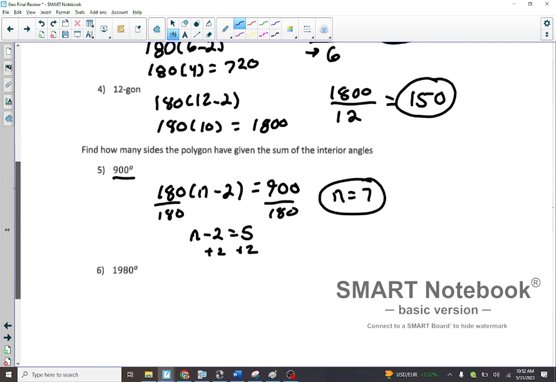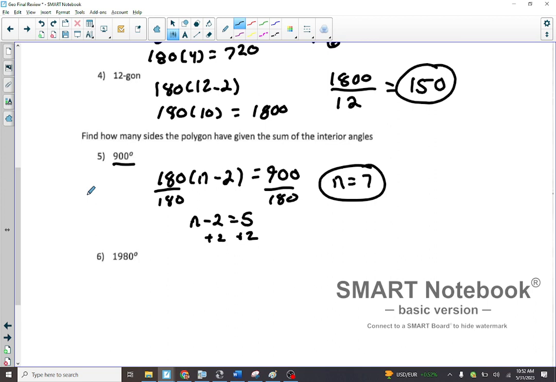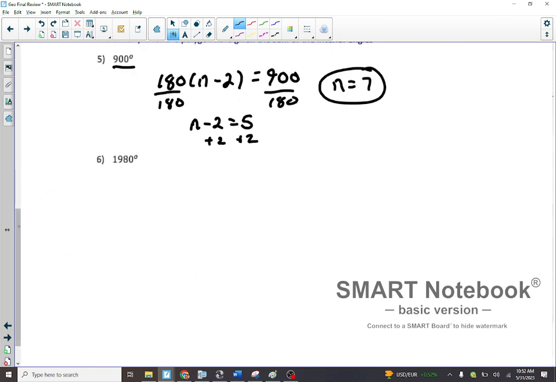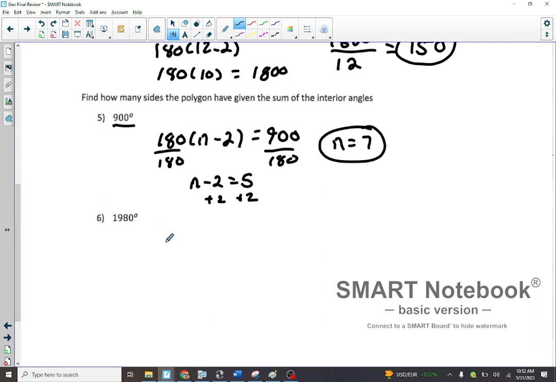So there's a 7-sided shape, or a heptagon. I will say 7 on the multiple choice, because the question is how many sides does it have, not what type of polygon it has. So the proper answer would technically be 7.